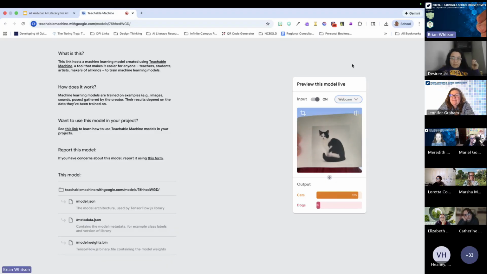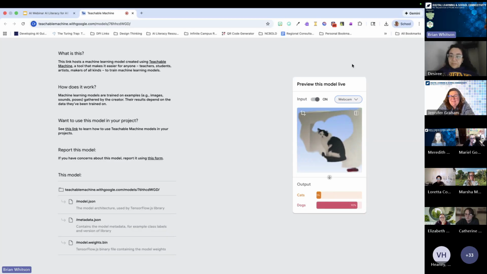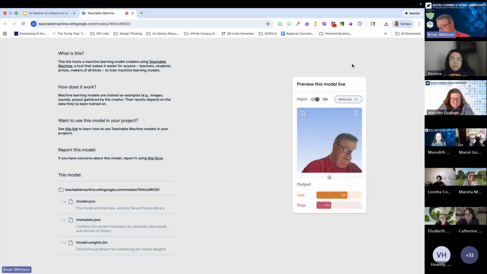Here you can begin to see, and you have to kind of adjust, that basically this is a cat, looks like a cat, should be a cat. Let me grab one of a dog. And so generally it's doing pretty good there.